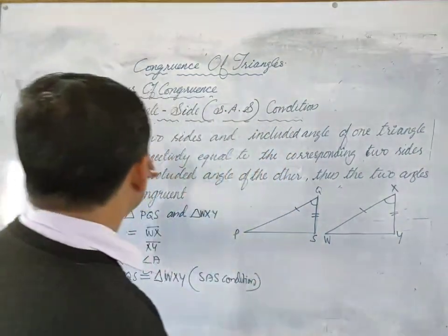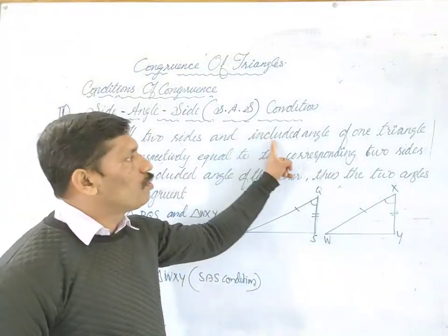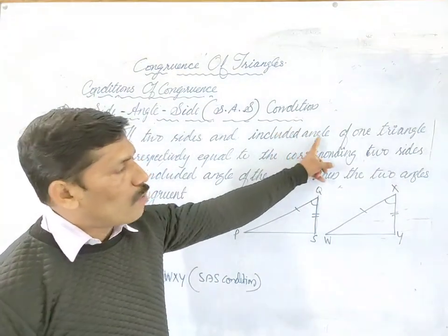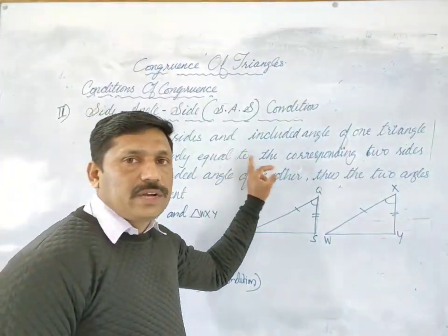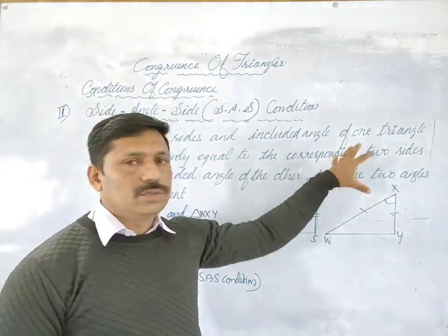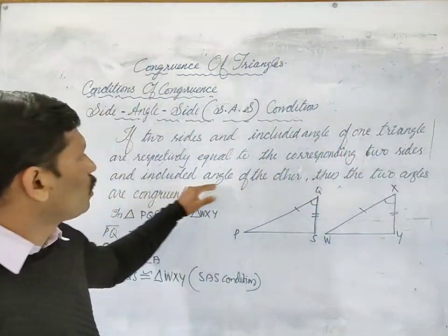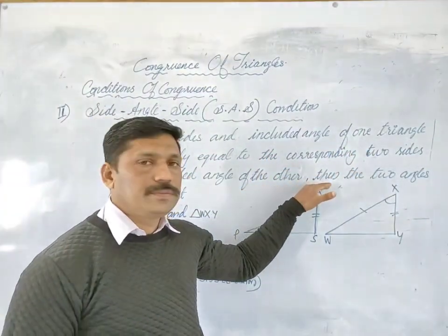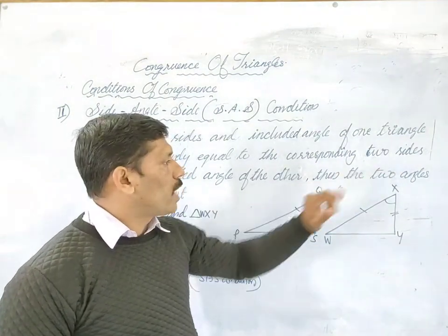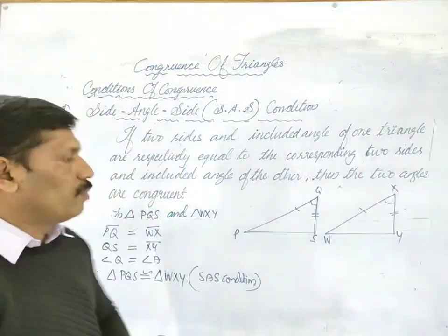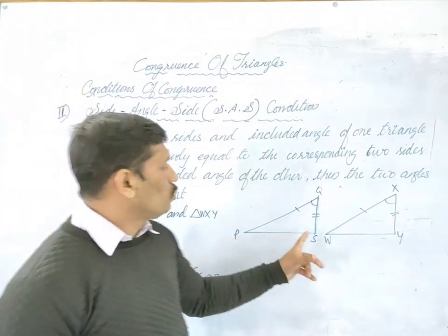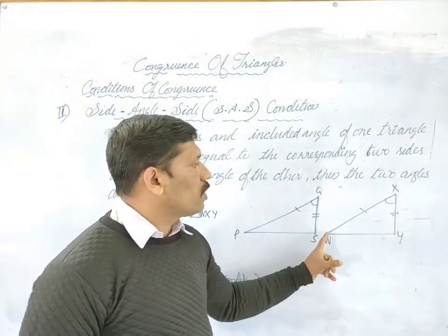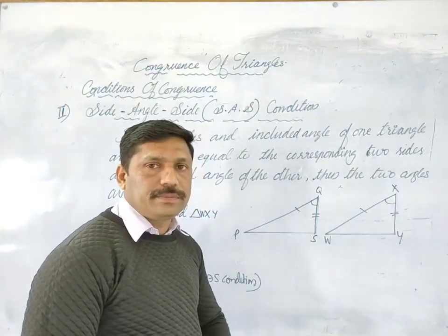That means here, if two sides and the included angle of one triangle are respectively equal to the corresponding two sides and included angle of the other, then the two triangles are congruent. Here I have drawn two triangles, triangle PQS and triangle WXY.